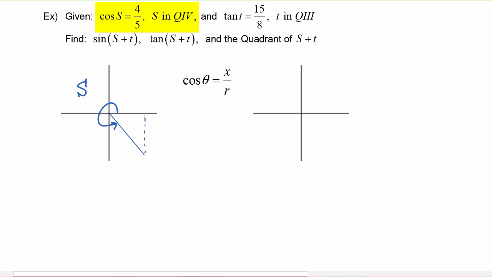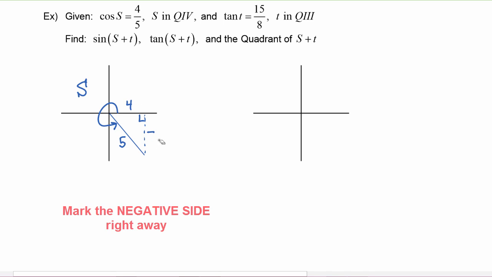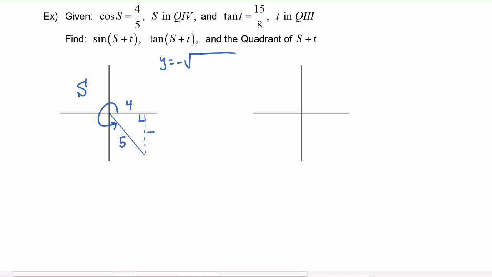which means we know that the x value is going to be 4 and the r is going to be 5. Because we're in quadrant 4, our y value is going to be negative, and it's important to mark that right away so you don't forget. Y is going to be negative square root of r squared minus x squared.